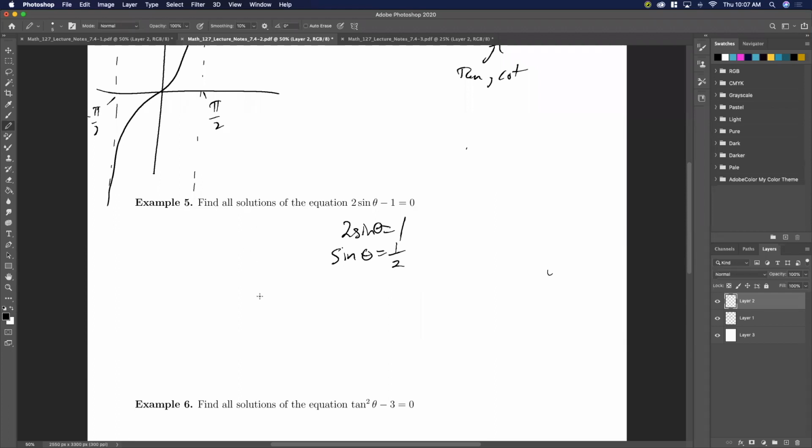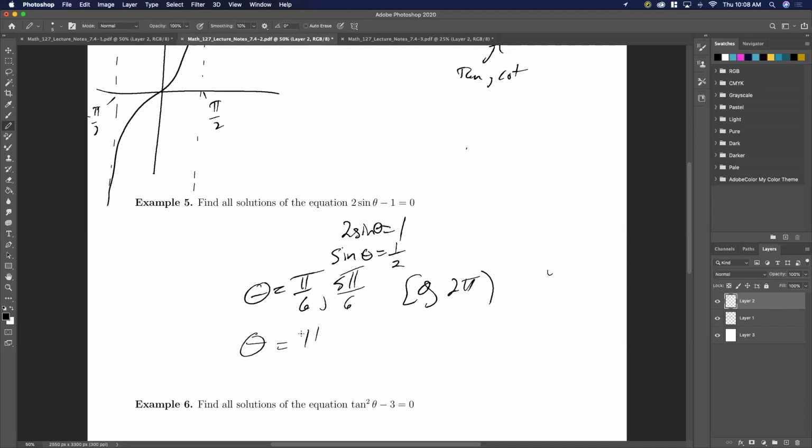Here, exactly as before, we'll get our 2 answers, pi over 6 and 5 pi over 6. And remember, we did this on the other page, for the 2 in a period.